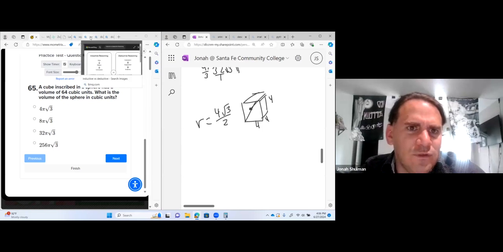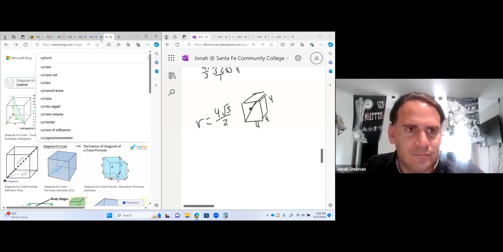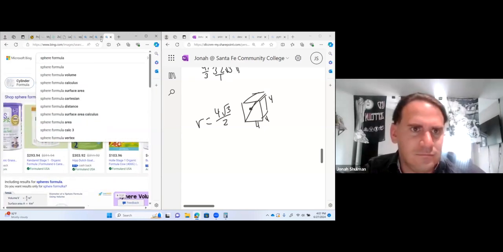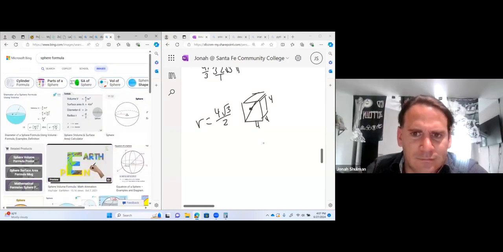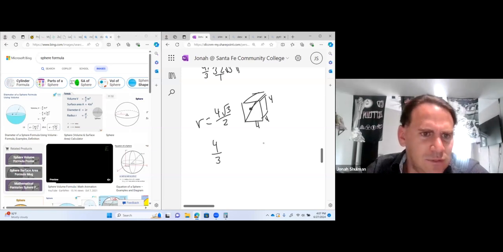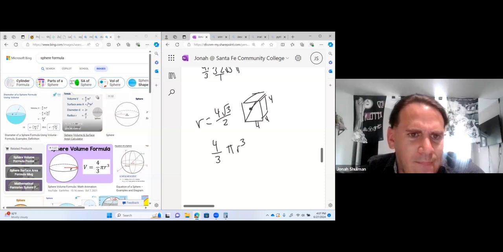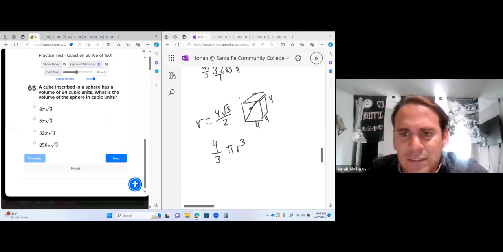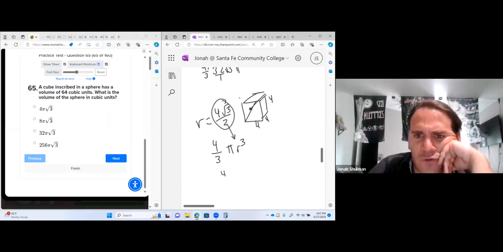And we know that the formula for the sphere is 4/3 pi r cubed. So all I have to do is replace this here. So I have 4/3 times 4.